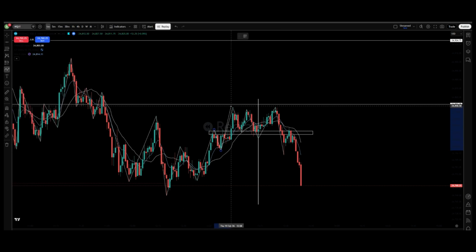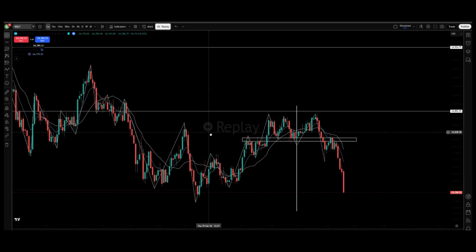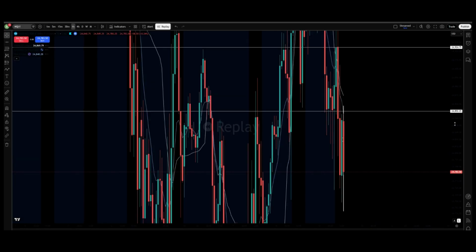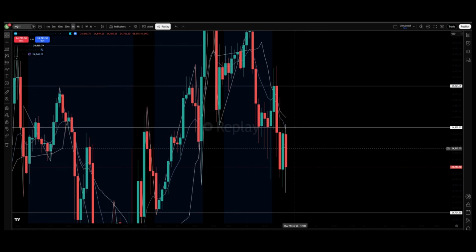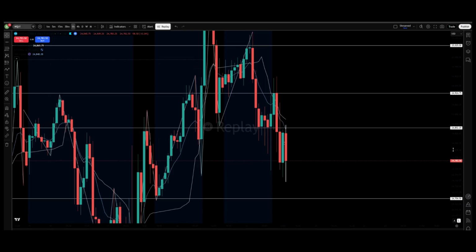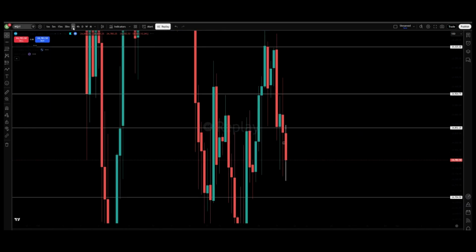I gotta redraw it for you guys. Look. I mean, that's just classic pattern analogy. But that's not all it takes, right? You're not just gonna trade every time you see a pattern. You also need the idea to be supported by the higher time frames. You need everything to line up.